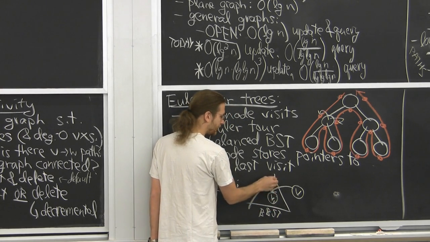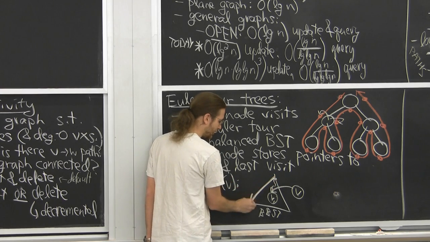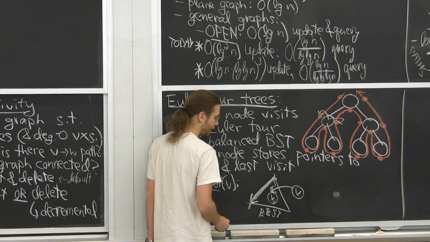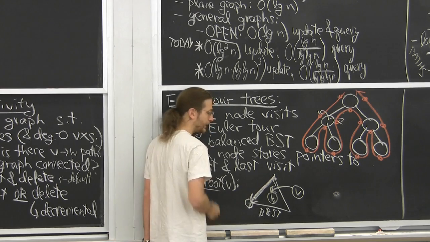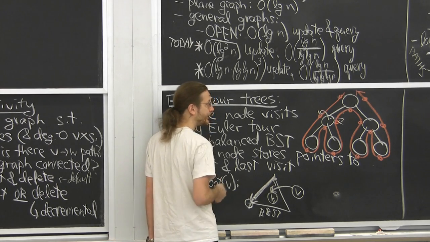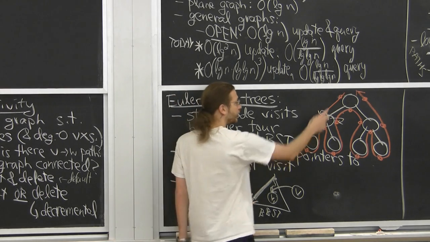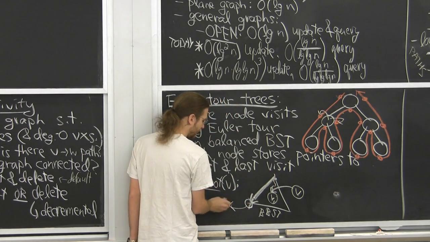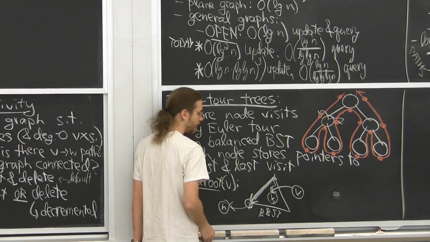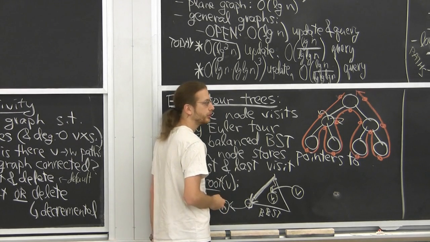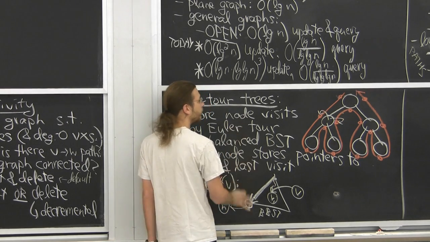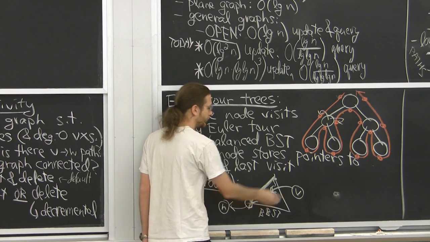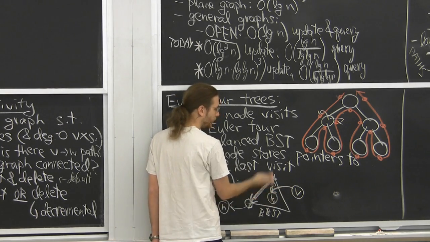Then walk up the tree. Then walk down the tree on the left spine. That is the min, and that's going to be the first visit of the root node. This has a pointer in turn to the root node. Boom, you found the root of your tree. Again, we're maintaining a forest of trees, so we just need to find which tree v is in: walk up, walk down.